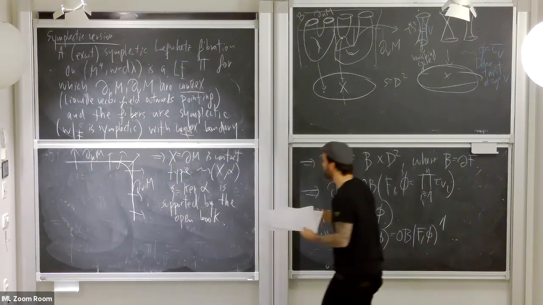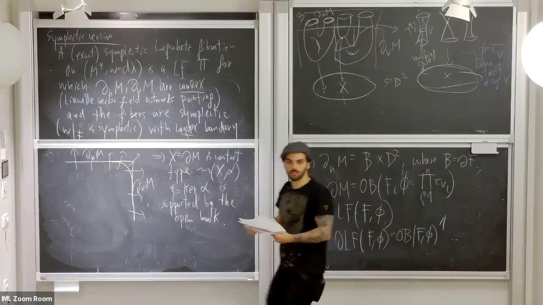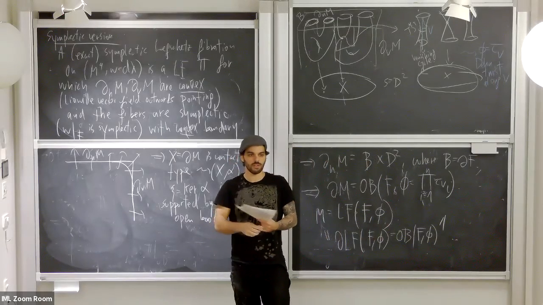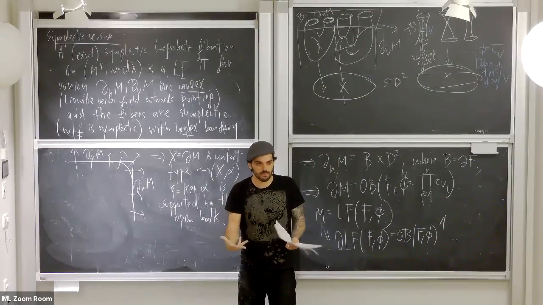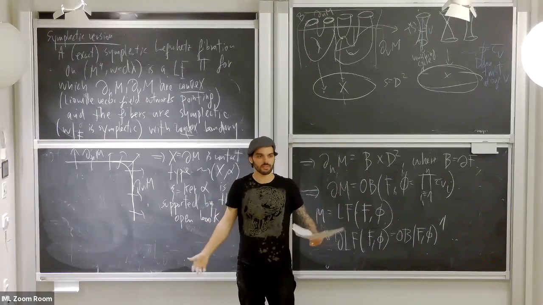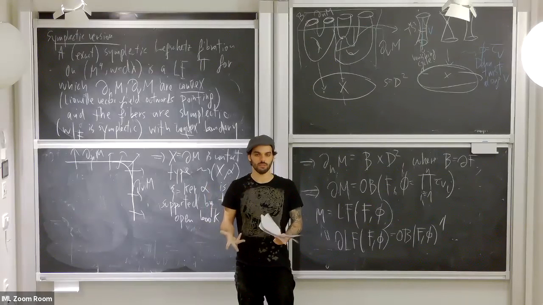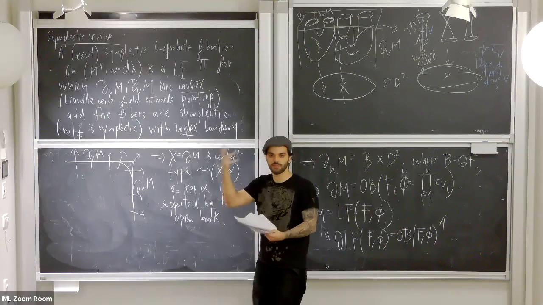Okay, so in other words, I defined a notion of what it means for an open book to support a contact structure. I defined a notion of what it means to have a symplectic Lefschetz fibration, and the two notions are compatible. So when I look at the boundary of my symplectic Lefschetz fibration, I obtain a contact structure supported by the natural open book that I see at the boundary. Okay? So this is the geometric picture to have in mind.